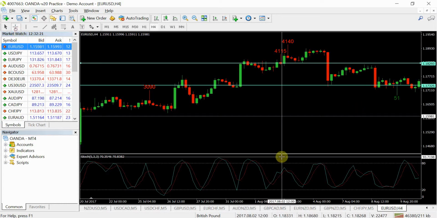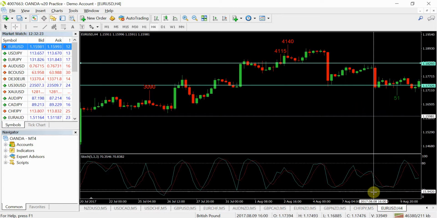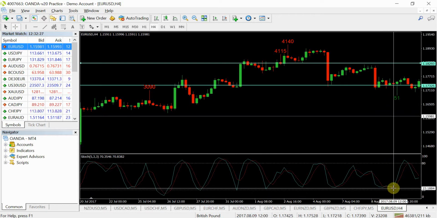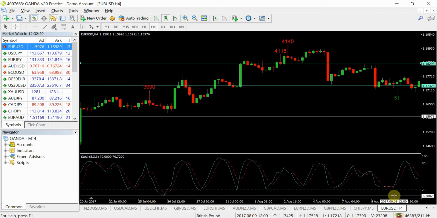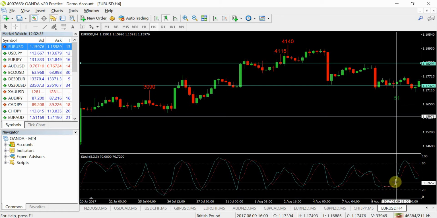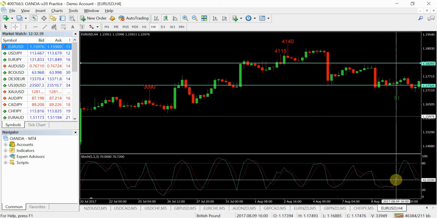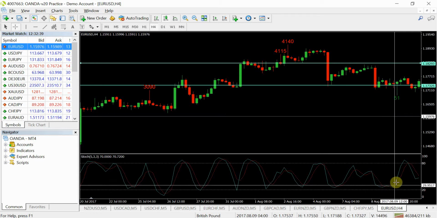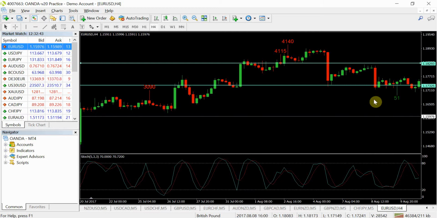So as you can see, I've got the stochastics here, and one of the key things is looking at the main zones or also crosses. We can see here that on this bar is where the cross actually takes place. If you look down here where my cursor is, the cross takes place here. So again, confirming that a potential reversal signal is there.